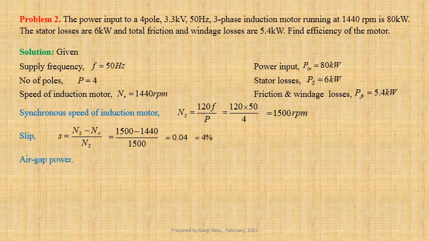Air gap power Pg equals P in minus Ps, that is equal to 80 minus 6, that gives us 74 kilowatt. Let us now calculate total rotor copper loss.